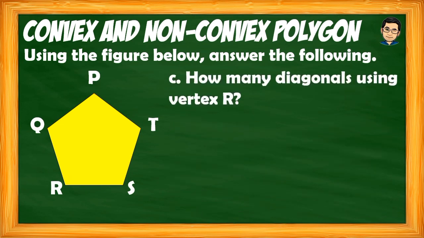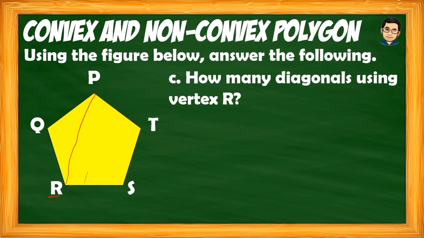So, for letter C, how many diagonals using vertex R? So, dito specific siya. So, ilan daw ang diagonals na mapo-form gamit ang vertex R? So, ito po yung vertex R. So, connect natin siya. So, from letter R, so vertex R, connect natin to P. Ayan, 1.